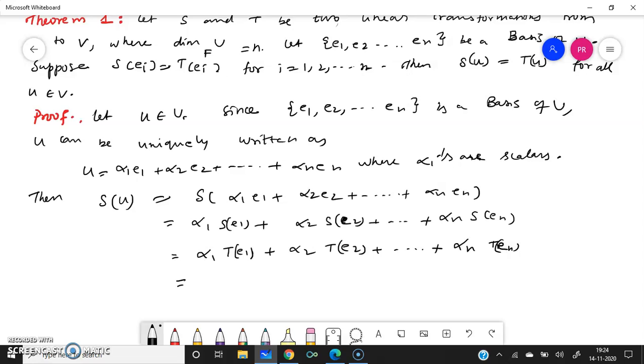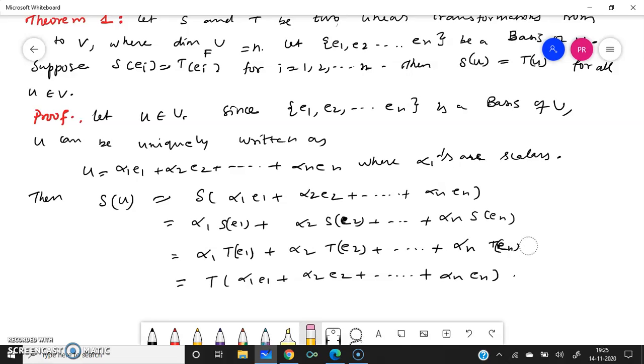So again, T is a linear transformation. Therefore, this can be written as T of alpha 1 E1 plus alpha 2 E2 plus and so on plus alpha n En, because T is also a linear transformation. Previously we used that S is a linear transformation in one step, and here we used that S of Ei equal to T of Ei, which is given in the theorem, and then in this step we use that T is a linear transformation.